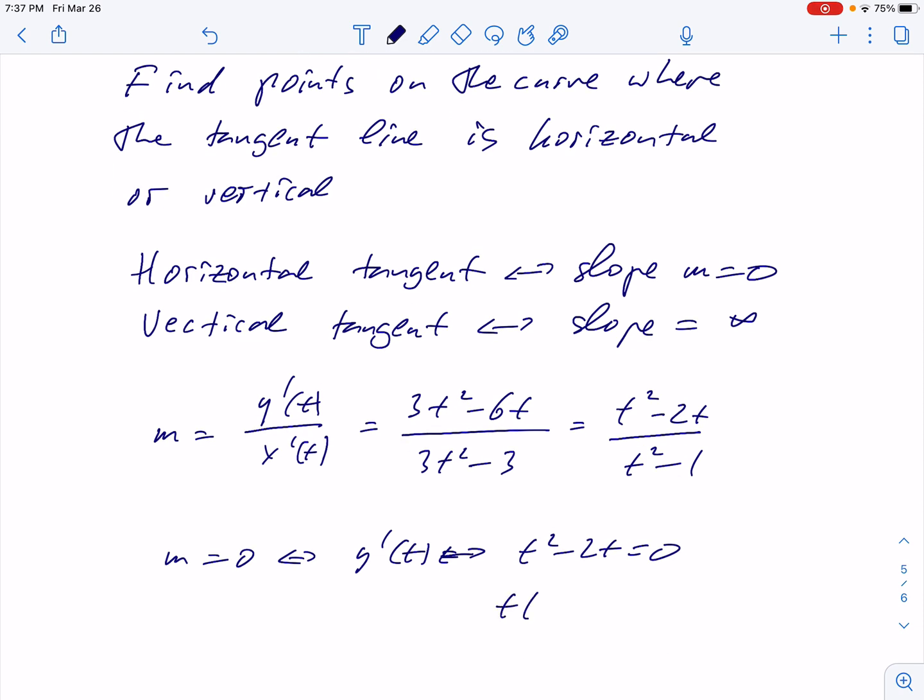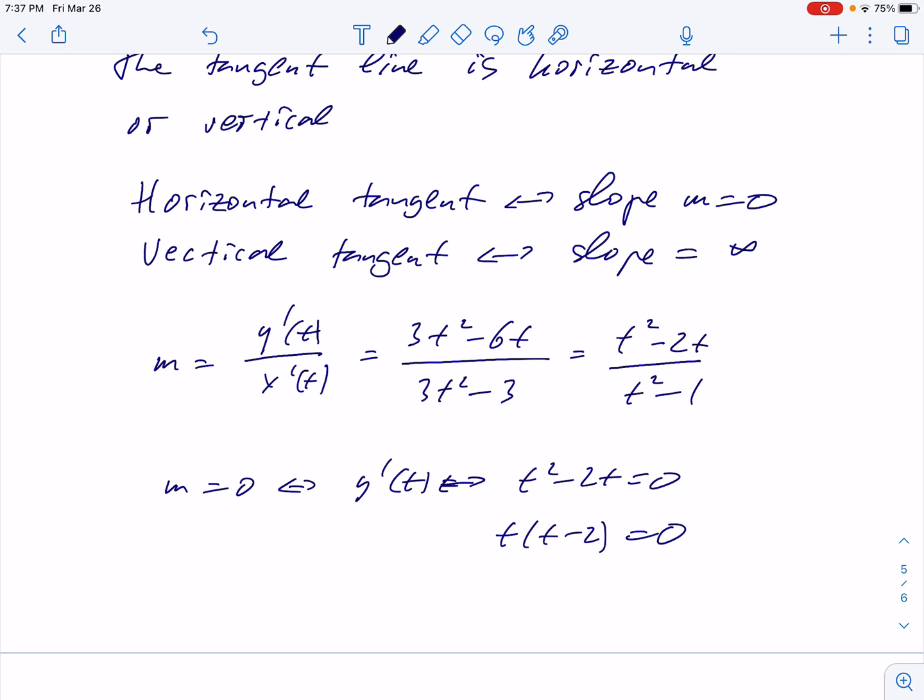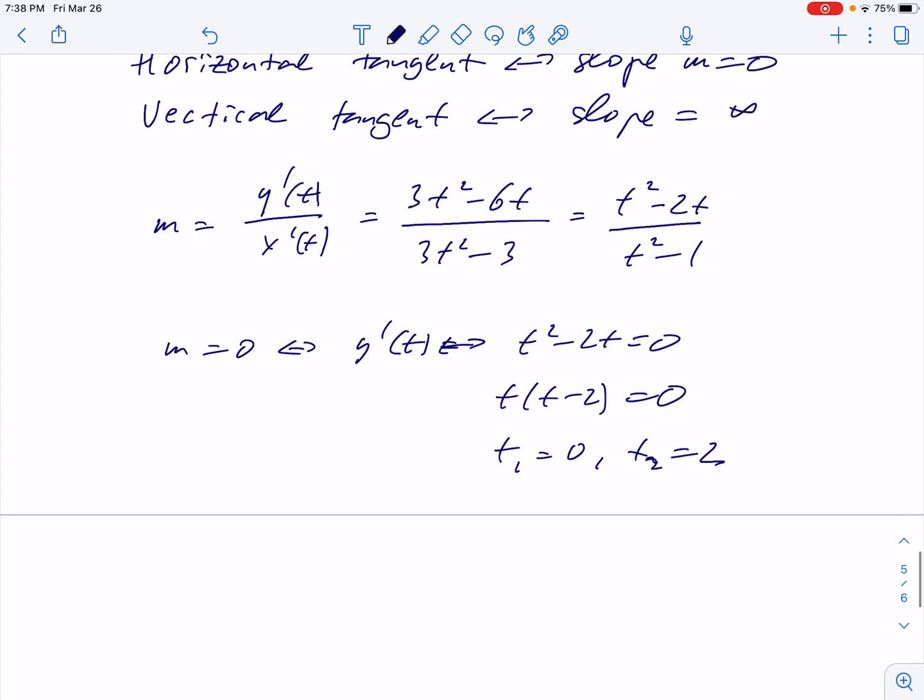When we factor, we have t times t minus 2 equals 0. We have two values: t1 equals 0 and t2 equals 2. For these two values of t, y prime is 0. The denominator is not 0, so we have 0 here for the slope.